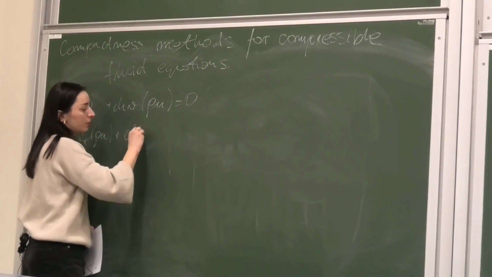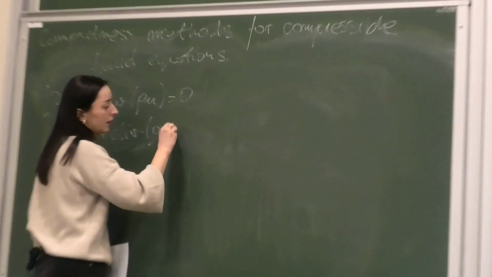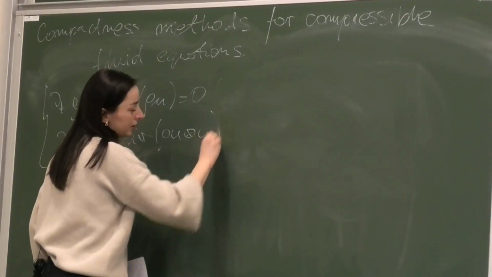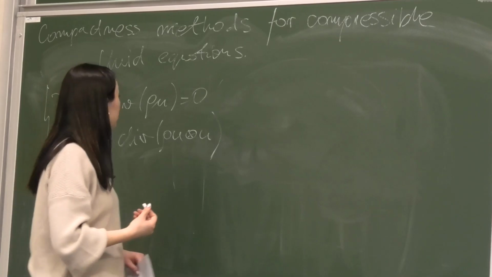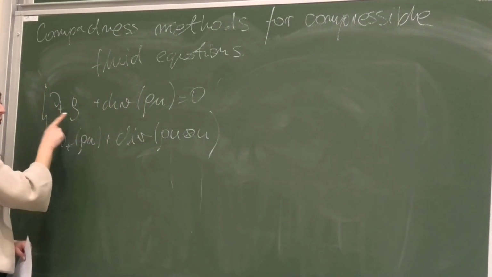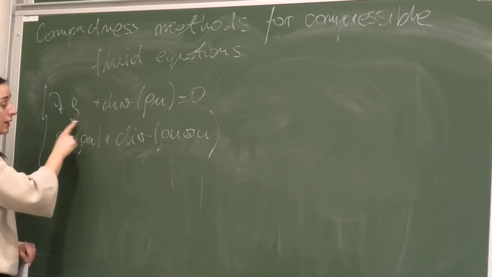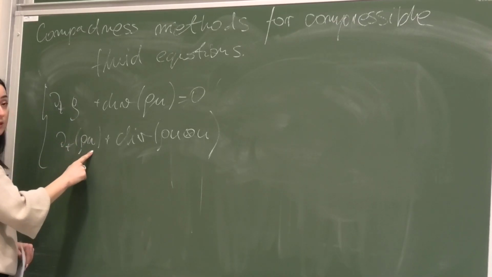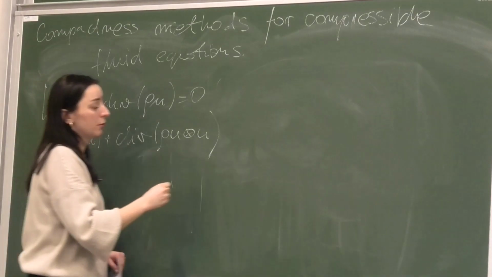I want to give you the overview of the techniques that are used and where the bottlenecks are of what's happening here. So I'm writing the Newton laws for conservation of mass. Rho is the density. And linear momentum, u is the velocity, rho u is the momentum.